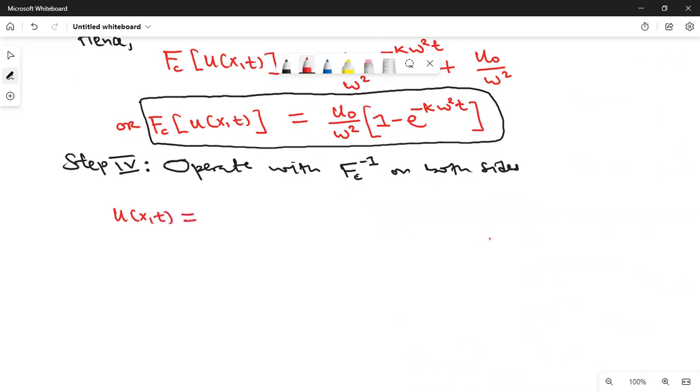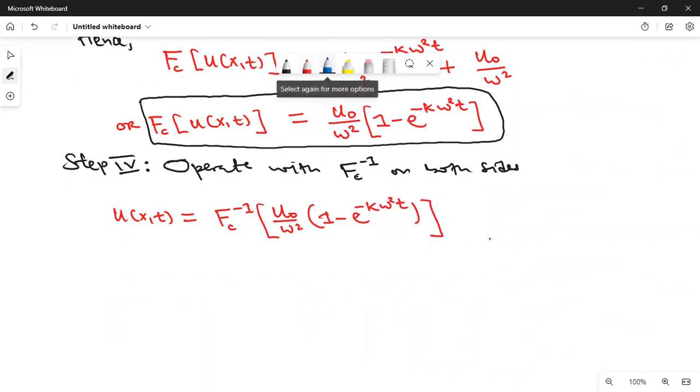What about the right-hand side? It is fc inverse of u naught over omega squared times 1 minus exponential negative k omega squared t. Now, how do we define the inverse of the Fourier cosine transform?